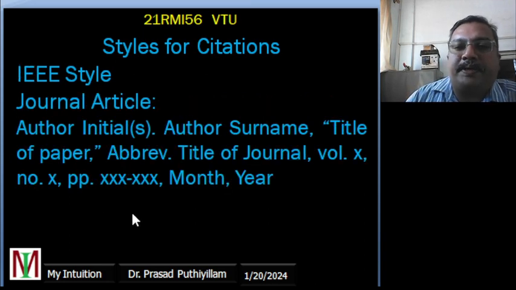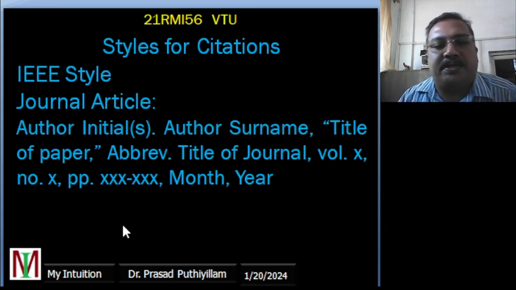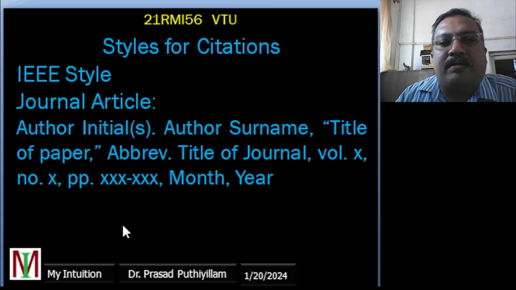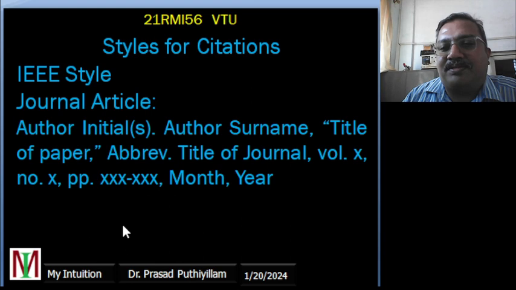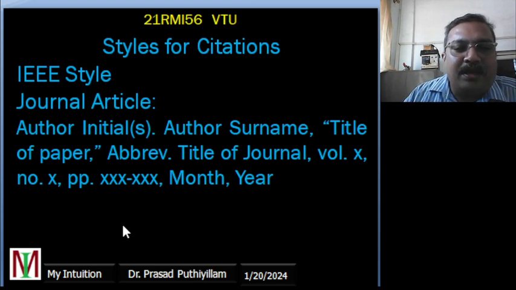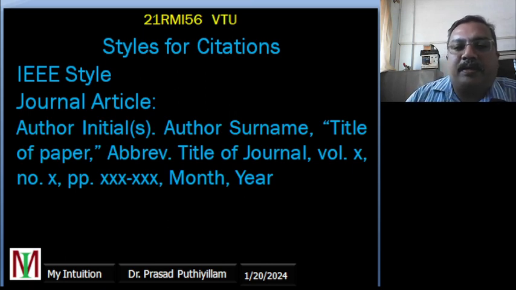That is about ASCE. Now we are going to IEEE. IEEE is very famous because once a student enters an engineering stream nowadays, they will hear this word IEEE style. The other two are famous, but IEEE is more famous nowadays. IEEE style refers to the citation and reference style developed by the Institute of Electrical and Electronics Engineers.